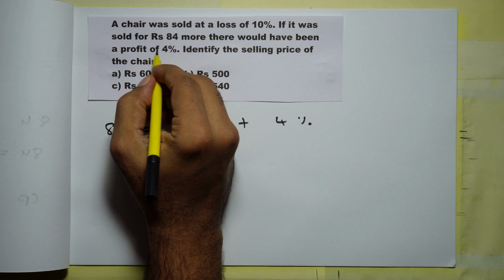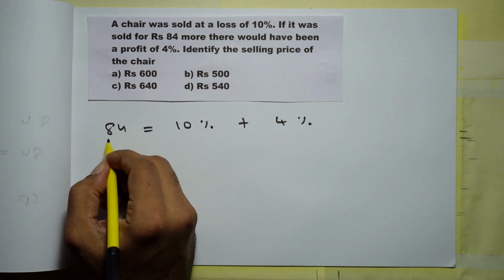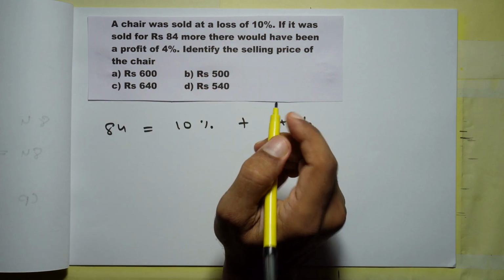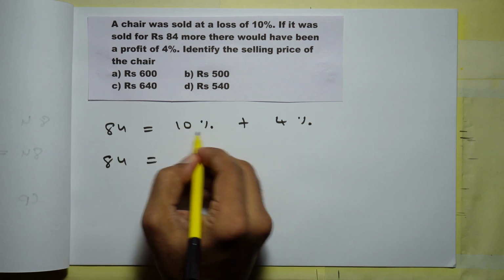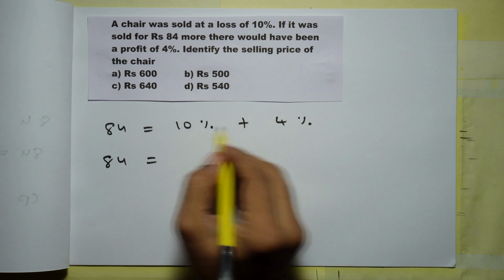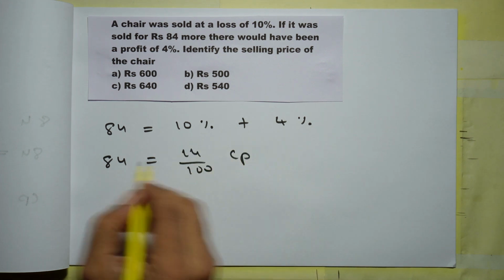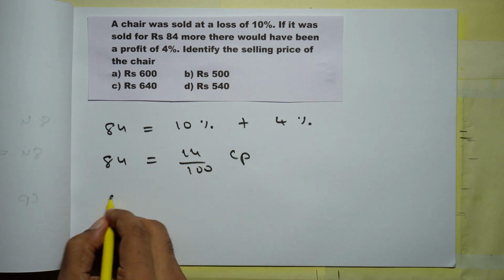That is why he will get a profit of 4%. So 10 plus 4, 14% of the cost price he will get if he is getting this extra 84. So from this we'll calculate the cost price.